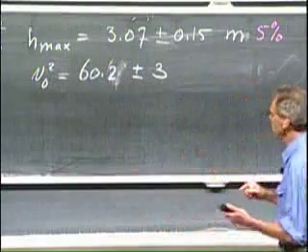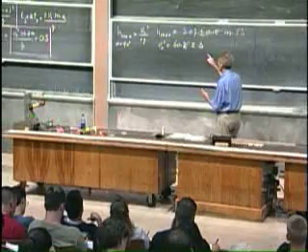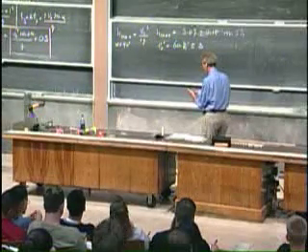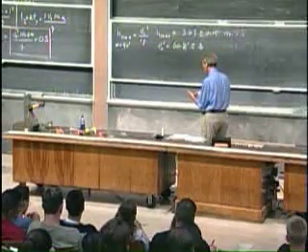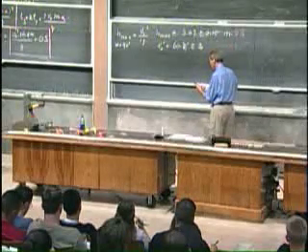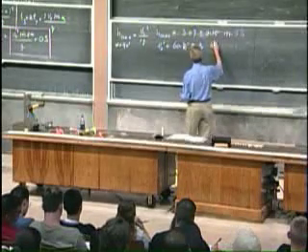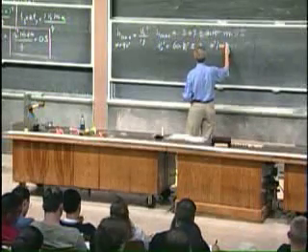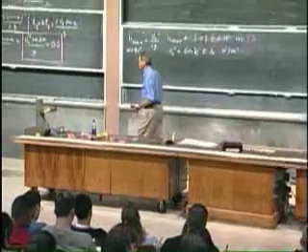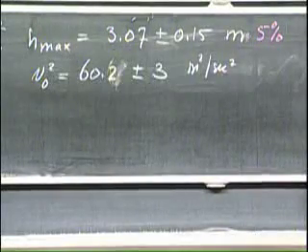Would you please confirm that I didn't make a mistake? 3.07 is H max. I multiplied by 2 by 9.8. The 60.2 is a 5% error, and a 5% error is indeed 3. This is meters squared per second squared. I don't care what v0 is, because if we're going to measure OS, all I need is v0 squared.